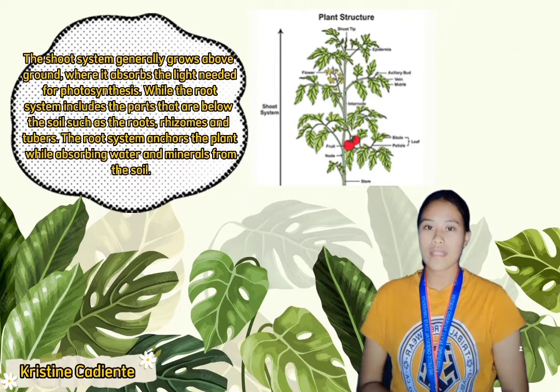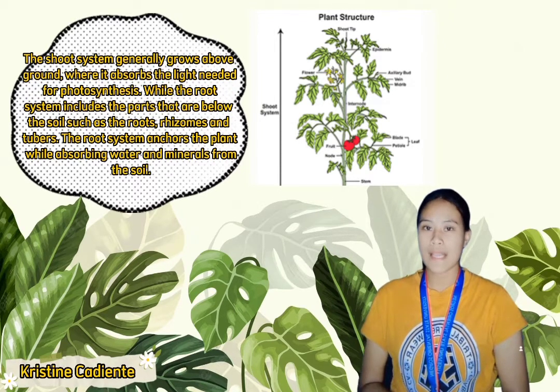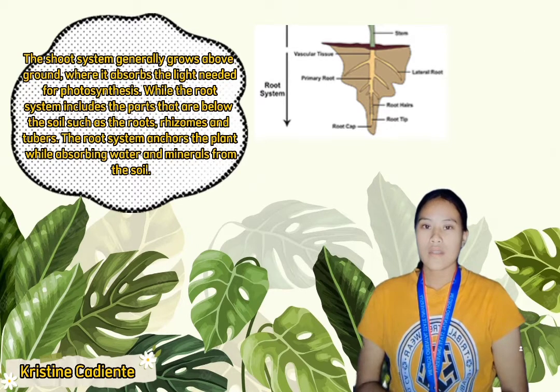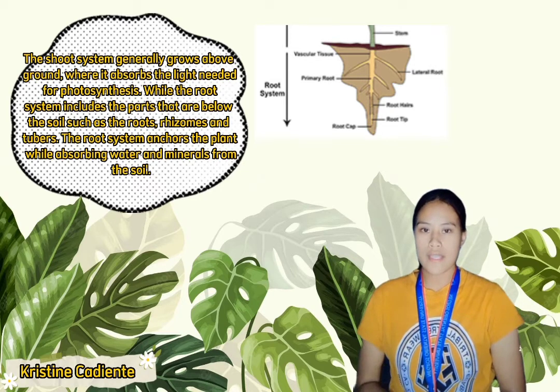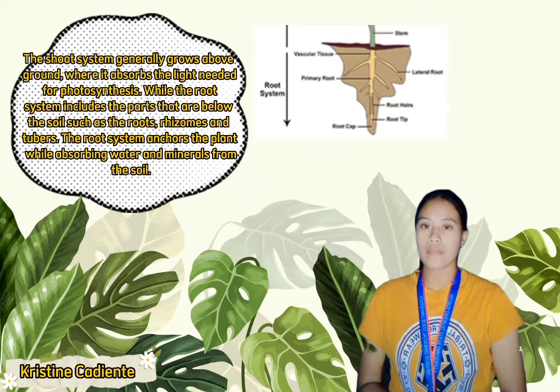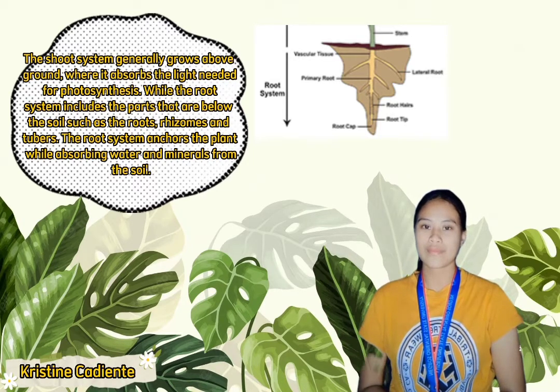The shoot system generally grows above ground, where it absorbs the light needed for photosynthesis, while the root system includes the parts that are below the soil, such as roots, rhizomes, and tubers. The root system anchors the plant while absorbing water and minerals from the soil.